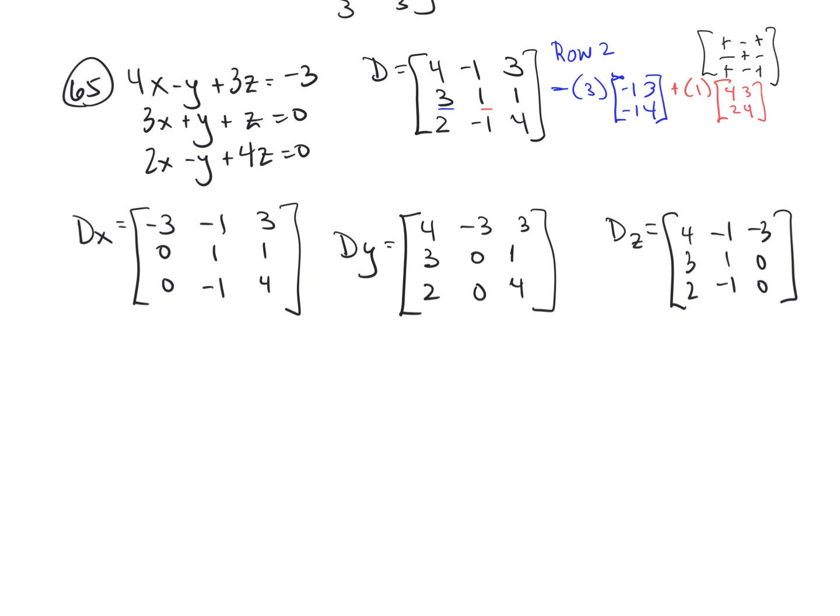And last but not least, I would have 1 with a negative sign in front, with 4, negative 1, 2, negative 1. Because with 1 here, cross this out: 4, negative 1, 2, negative 1.